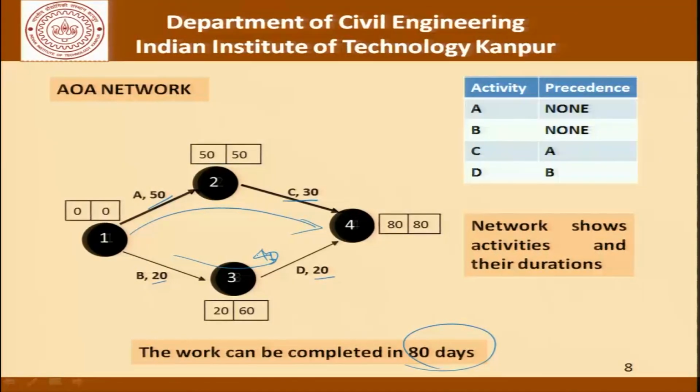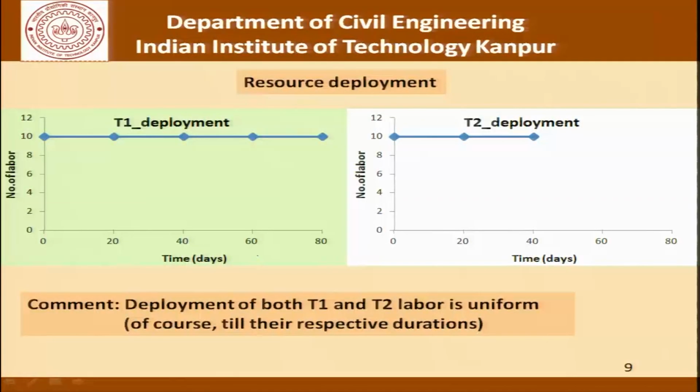In this representation, what we have assumed is that the labor with T1 expertise and the labor with T2 expertise are both employed to the fullest extent right from the word go till the project is completed. So, 10 workers with T1 expertise work from day 1 to day 80 when the project is completed.